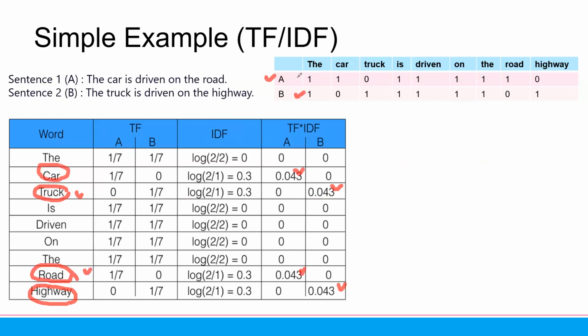Road appears in A, but not in B. Highway appears in B, but not in A. Then we know that this kind of analysis will give you a higher number when the word is distinct.